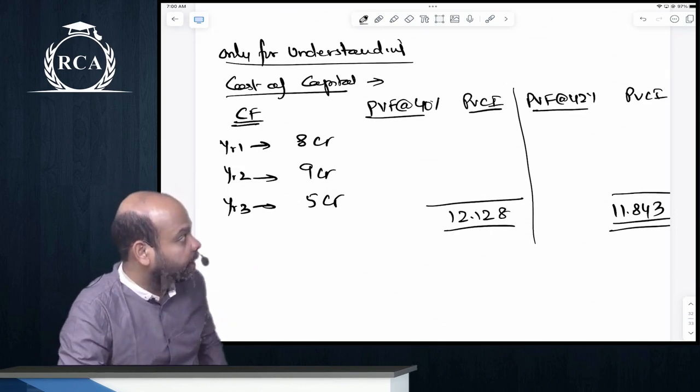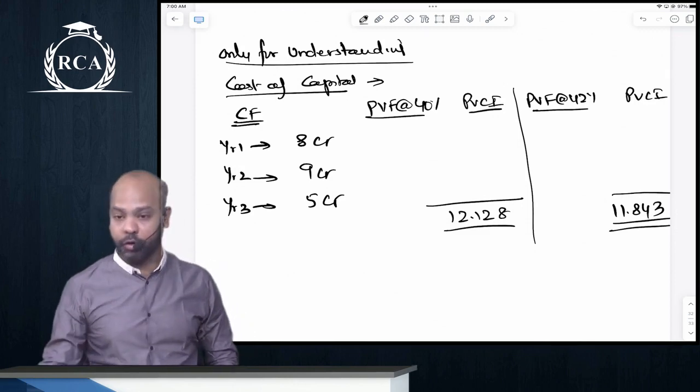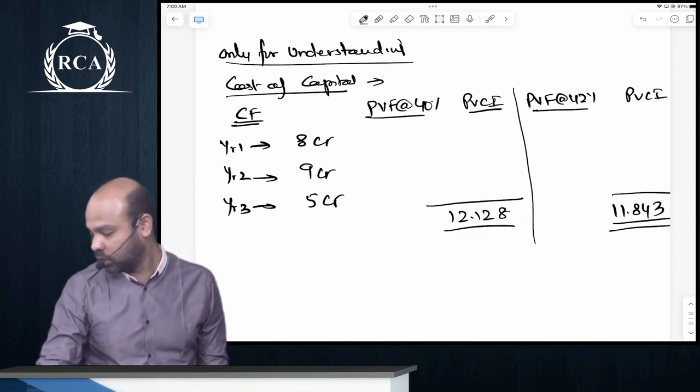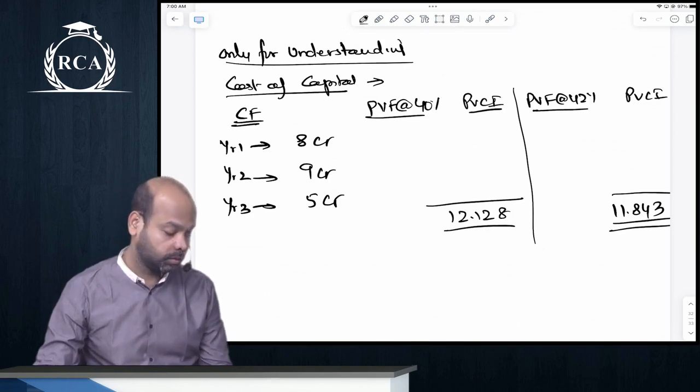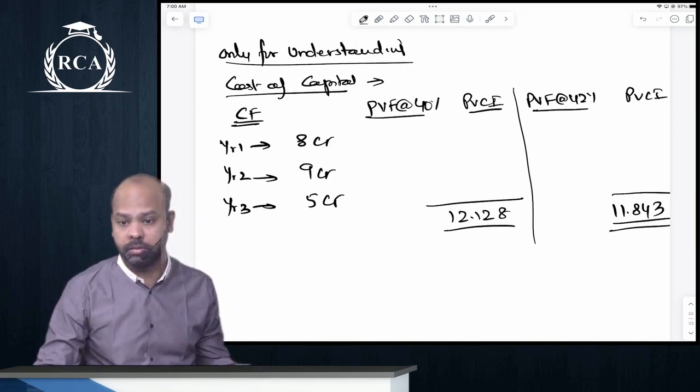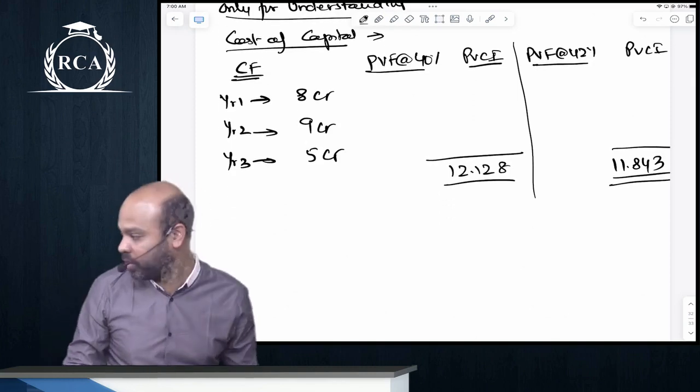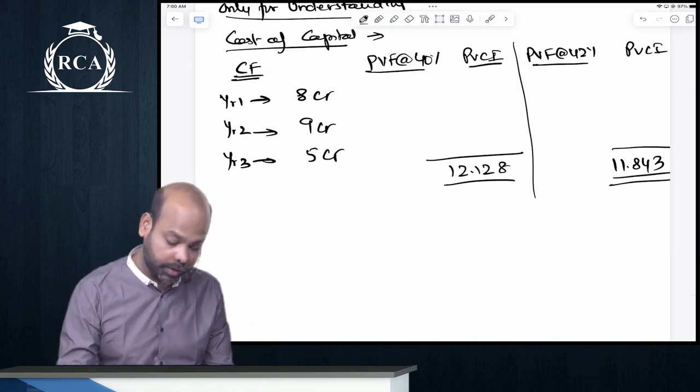Present value factors at 40%, present value factors at 42%. Take the difference between these two, guys, and compute it proportionately.